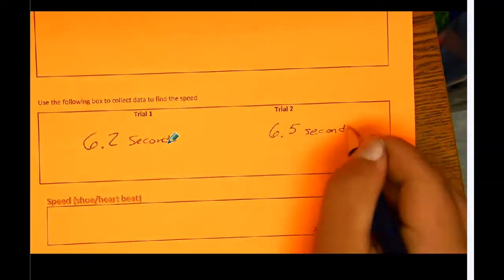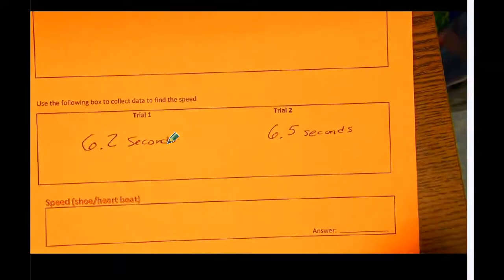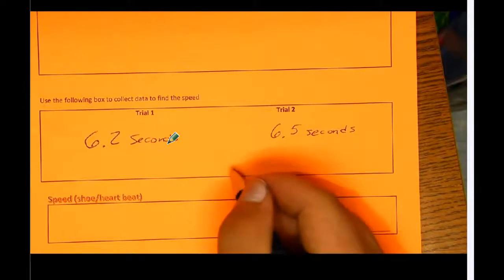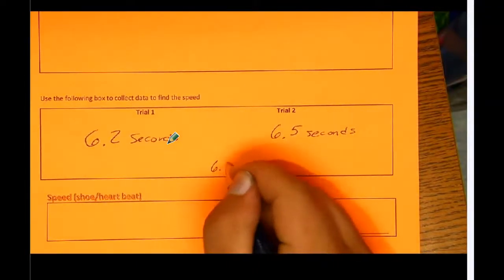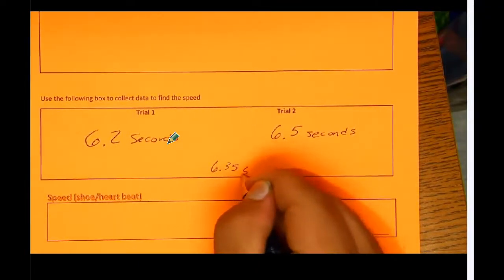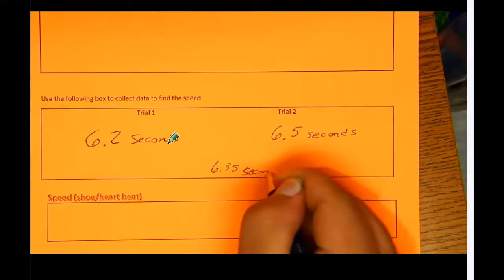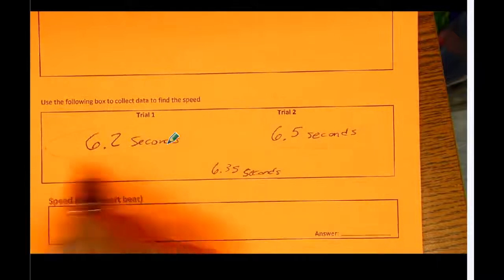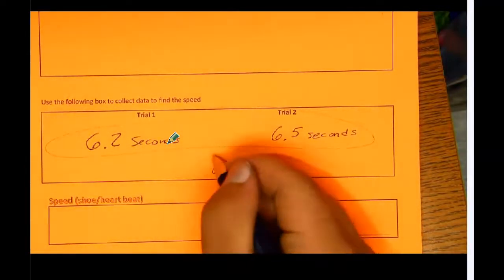Find the average first. What is the average of those two? 6.35 seconds is the average. So find your data, take the average.